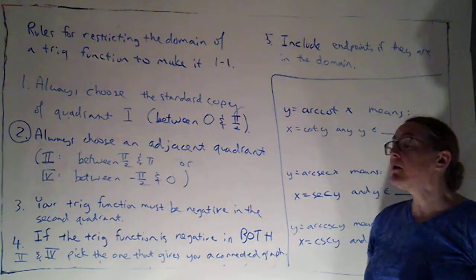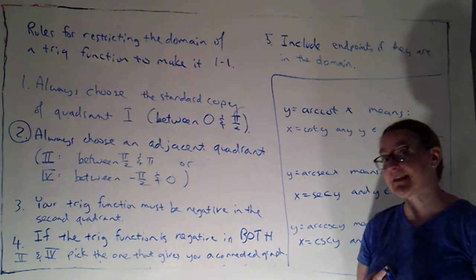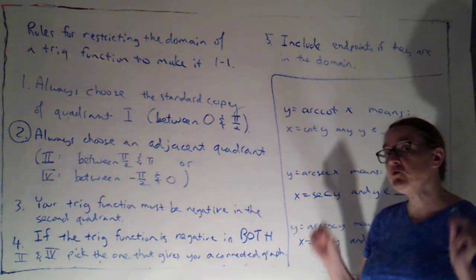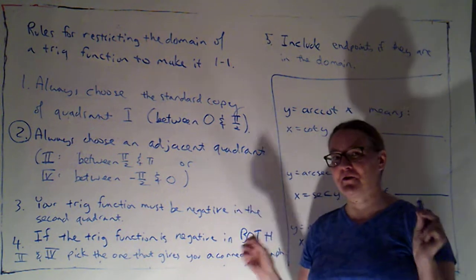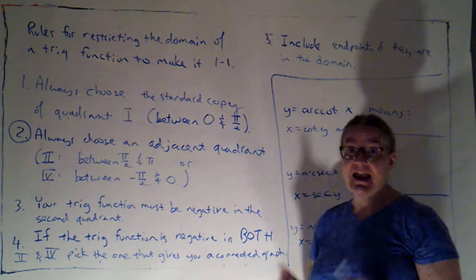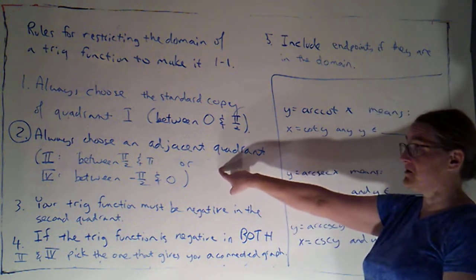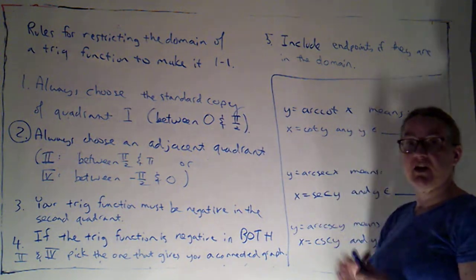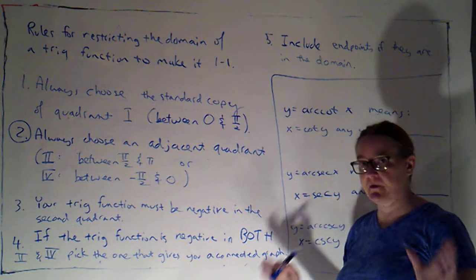There are actually, for inverse secant and inverse cosecant, 2 different definitions that are both considered accepted. And it hinges on whether we use this rule or not. This rule says we're always going to choose an adjacent quadrant, so we never choose quadrant 3.